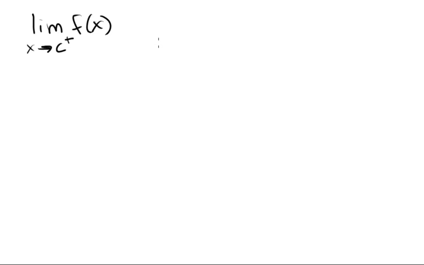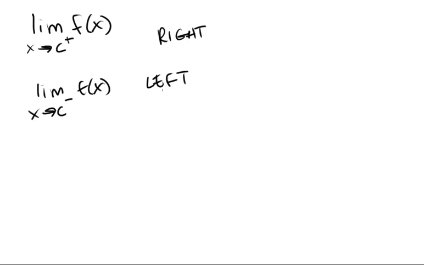Okay, so this is a one-sided limit, and this is coming from the right, and you could also come from the left. So again, it's going to be very similar, but instead of a plus, you're going to put a minus, and this is coming from the left. One way that can help you remember whether to put a plus or minus is a number line that's centered at 0.